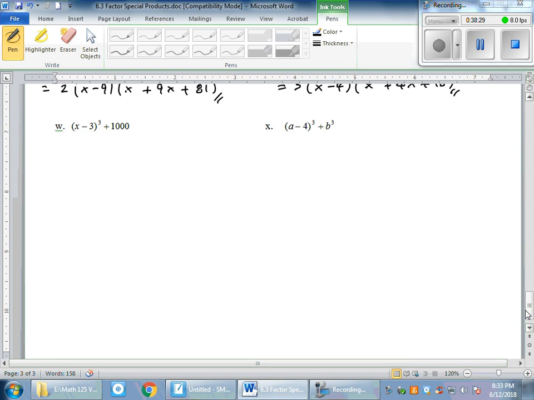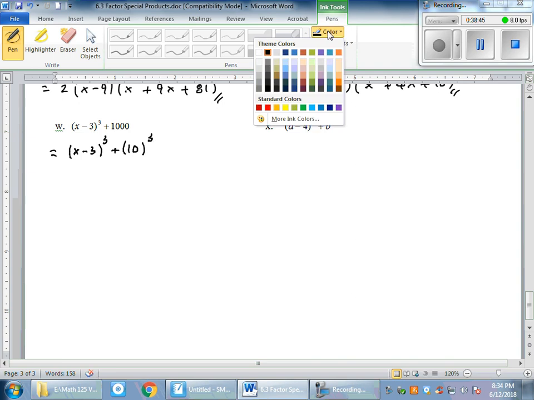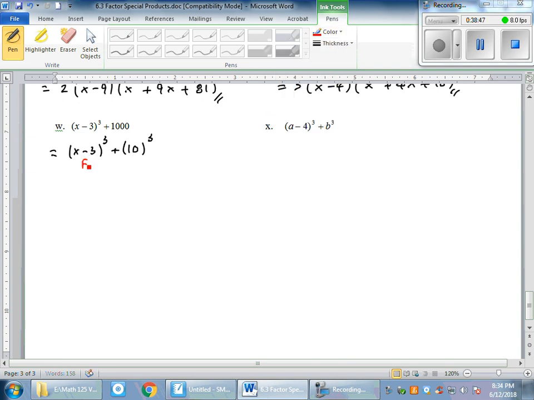So notice that the first term is a perfect cube, but it's a binomial. So same idea as before. You'll be looking at x minus 3 cubed plus 1,000, which is 10 to the third power. So right here you can see that this is my first and this is my last.